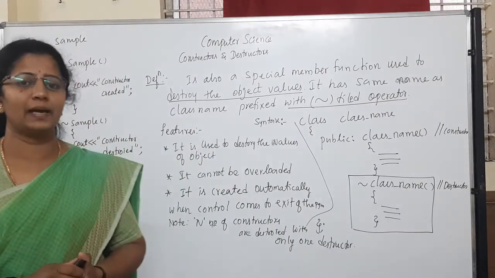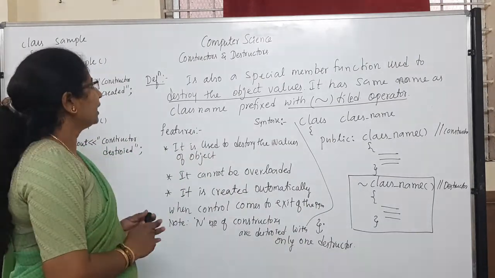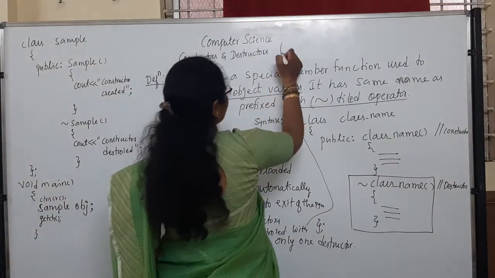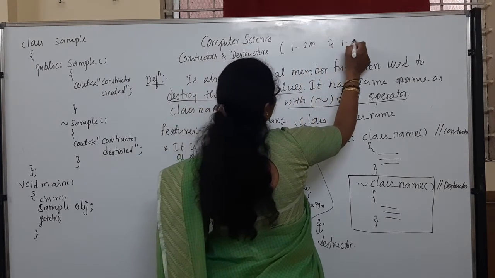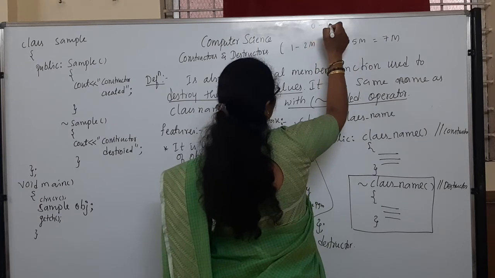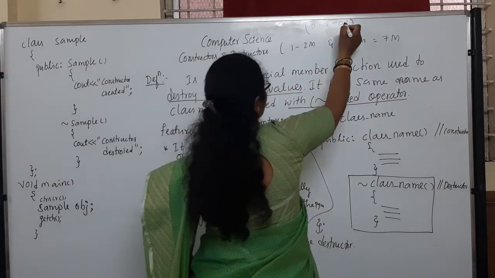This finishes your chapter 9, that is constructors and destructor. Chapter 9 contains one 2 marks question and one 5 marks question, so totally 7 marks. So this is your marks allotment for constructors.